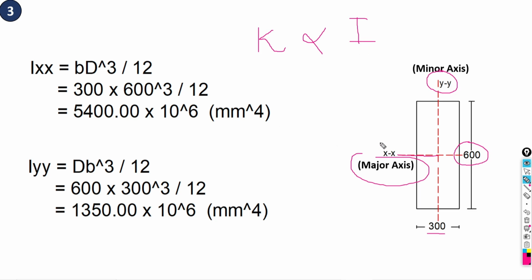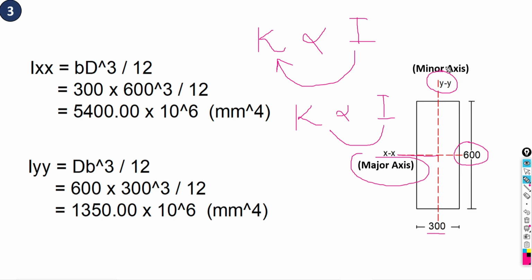If about that particular axis your moment of inertia is more, then your stiffness will be more. If your moment of inertia is less, at that time your stiffness will be less. So to have more stiffness, we need more moment of inertia.